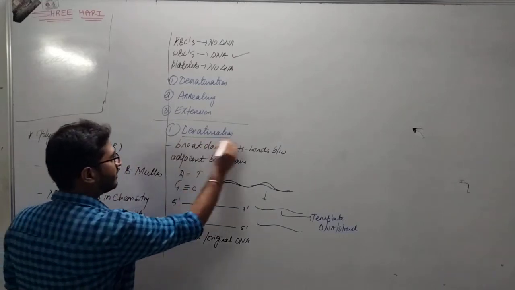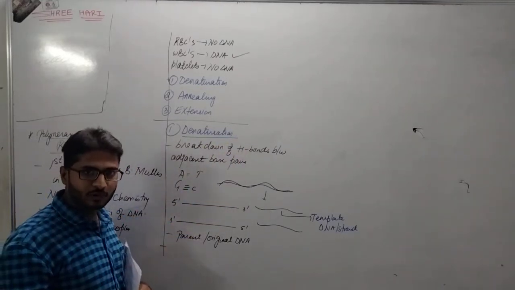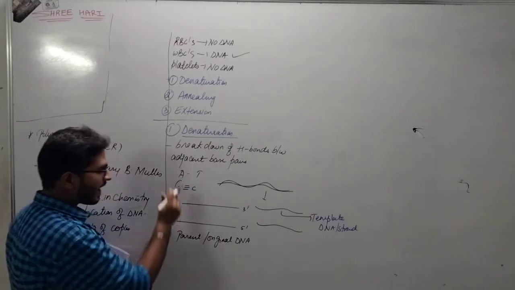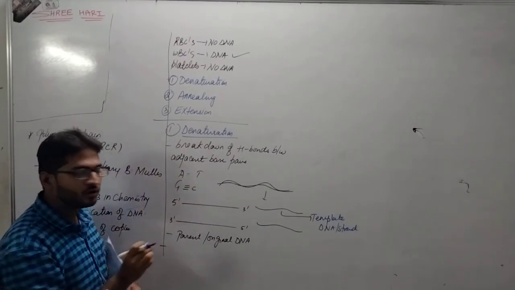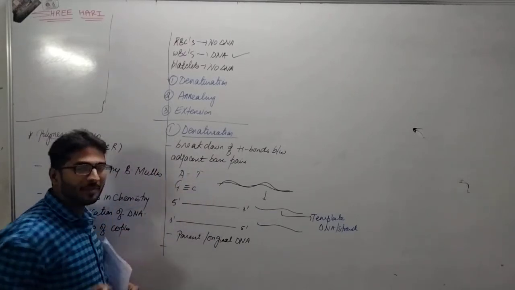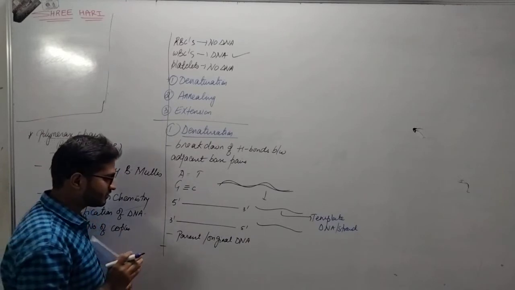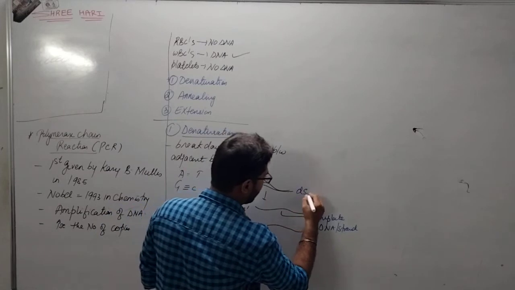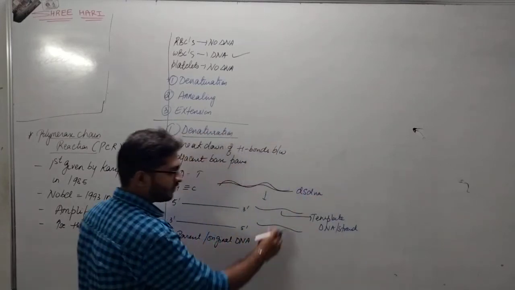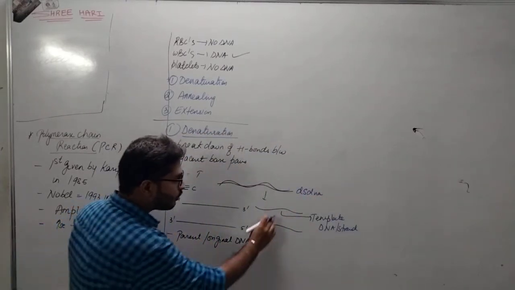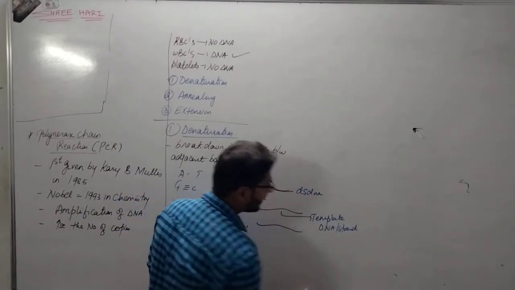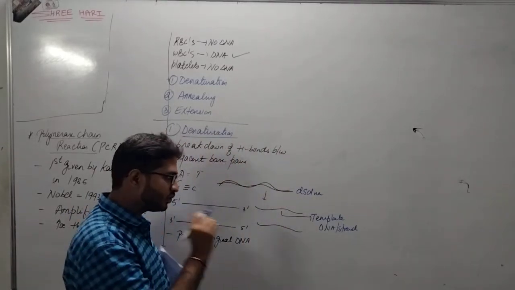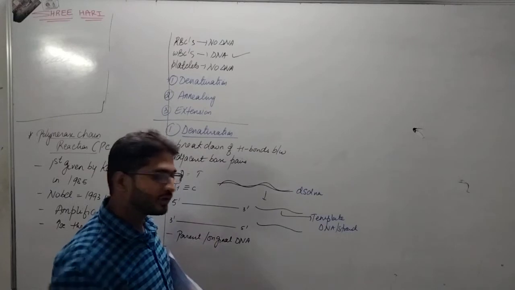So denaturation is the breakdown of hydrogen bonds between the adjacent base pairs. Adenine binds with thymine via 2 hydrogen bonds. Guanine binds with cytosine via 3 hydrogen bonds. Right? Initially it is a double-stranded DNA, dsDNA. Now it is a single-stranded DNA. Both the strands will act as template DNA strands, and based on the complementarity, the new nucleotides will be added.